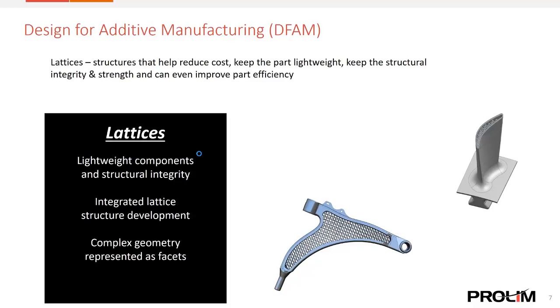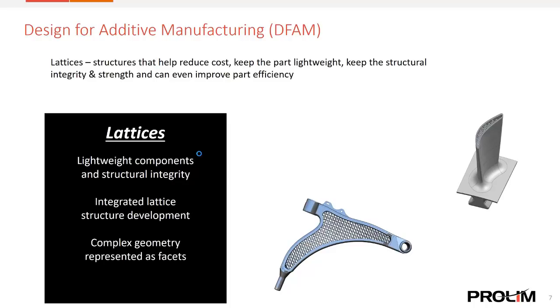The next thing we're going to be looking at for DFAM, or design for additive manufacturing, is lattices. So you're going to see these lattice structures. They're becoming more common in the industry. So these structures help reduce costs, keep the part lightweight, keep the structural integrity and strength, and can even improve part efficiency in cases such as this turbine blade over here on the right.